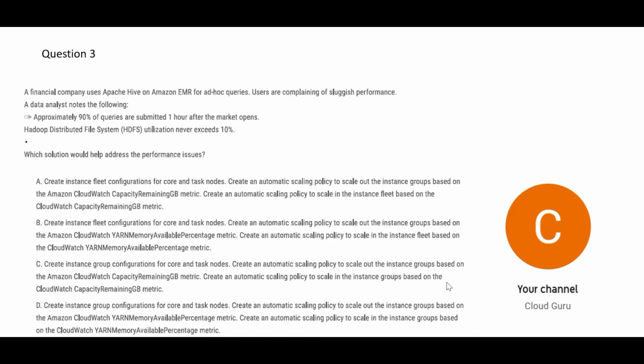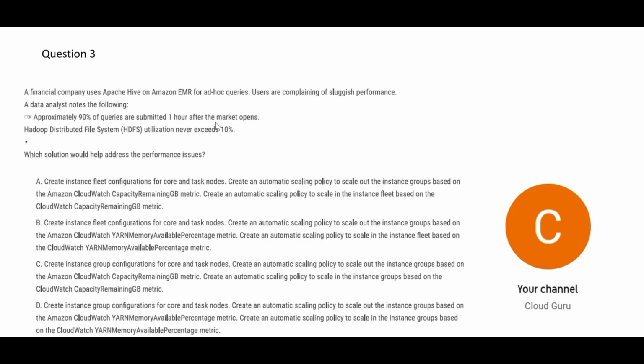When the performance is slow, data analysts analyze it, and they find that 90% of the queries are submitted an hour after the markets open. Consider this a stock market app like Zerodha or Upstox or Robinhood.